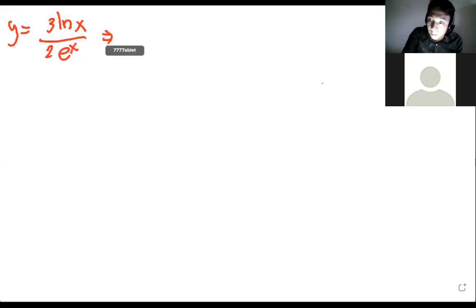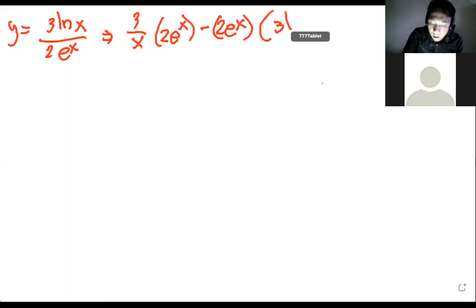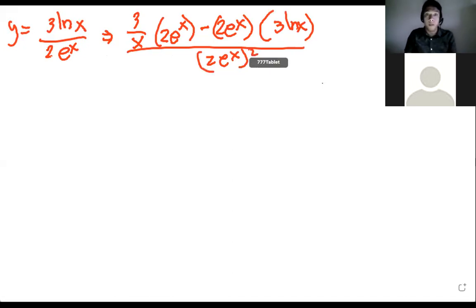So we have y. 3 ln x, 2e raised to x. So it will become 3 over x, 2e raised to x. Minus e raised to x and 3 ln x. All over 2e raised to x squared.